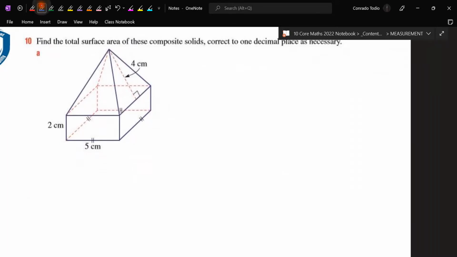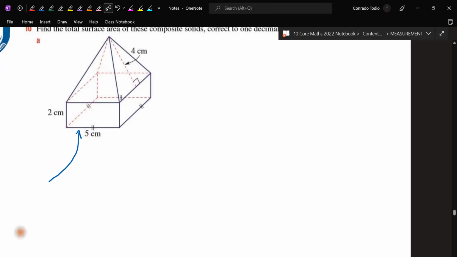All right, so for the bottom of the pyramid, it doesn't say that it's not included, so we're just going to assume that it's part of it. The bottom of the pyramid, right there, hopefully that's not too confusing, looks like this. It's got the dimensions of 5, 5, and 5.